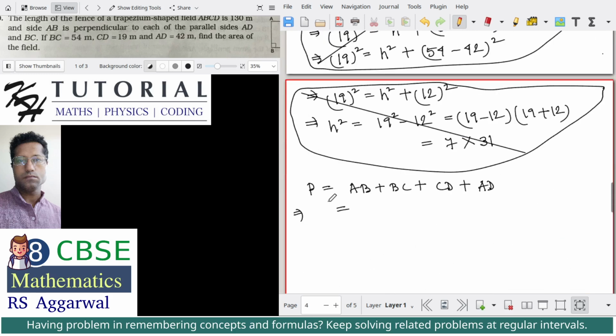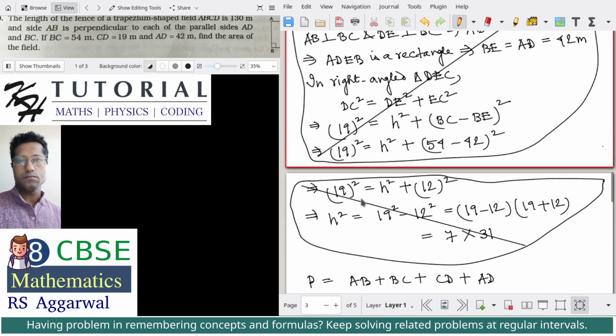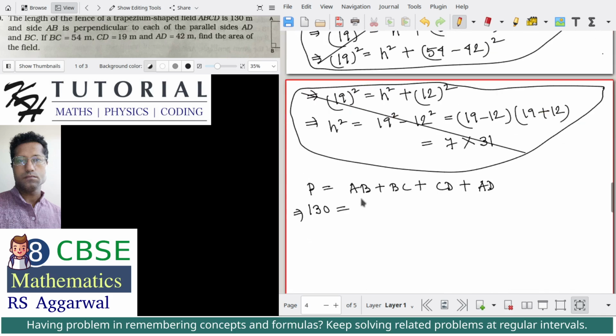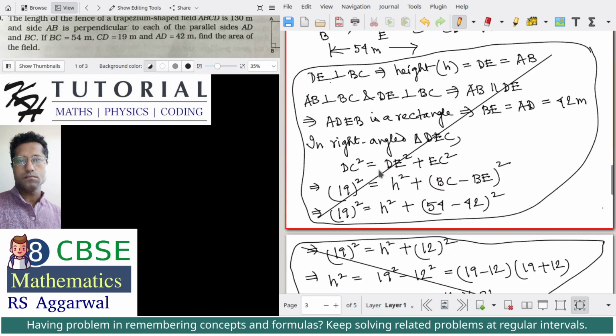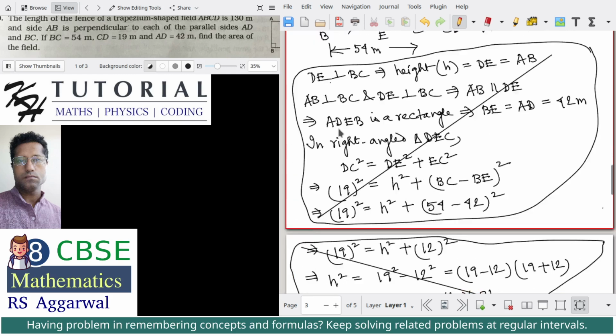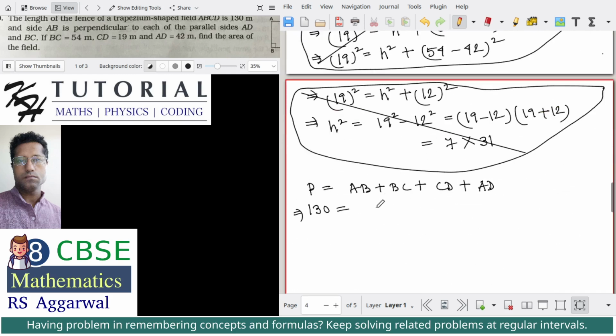So 130 is equal to AB, which we don't know. AB is perpendicular to BC, so AB is the perpendicular distance between the parallel sides AD and BC. So AB is nothing but the height.